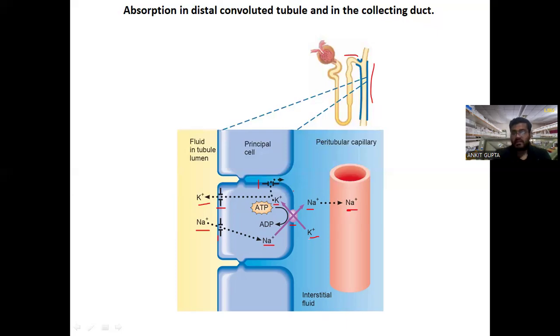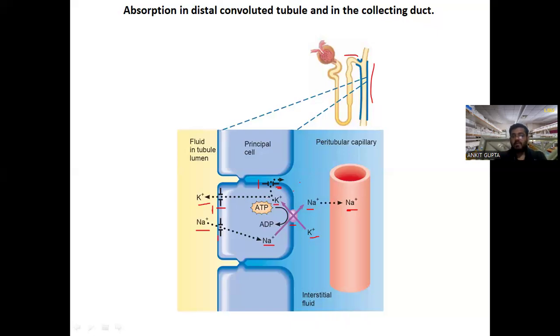In case of potassium ion, which is getting transported inside the cell, most of it leaks out through the leaky channel on the apical membrane. And a very small amount of potassium ion goes out through the leaky channel on the basolateral surface back into the interstitial fluid.